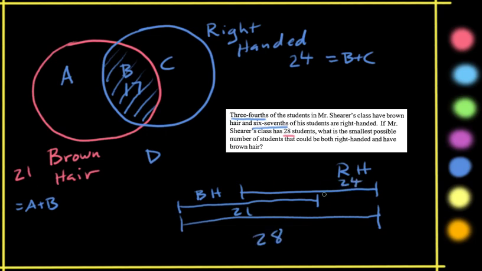And we'll just make sure that there's nobody that's neither brown hair nor right-handed. And then you just have to take this 28 and subtract. You can find out what this distance is here, right? It'll be the sum of these two minus 28. So that gives you 17 right away. So that might be an easier way to do it.